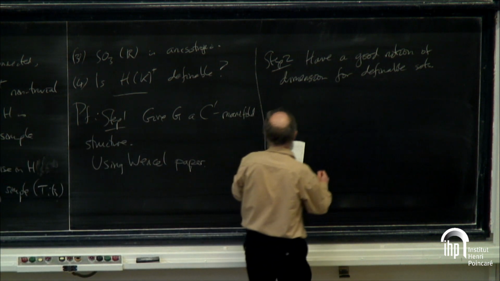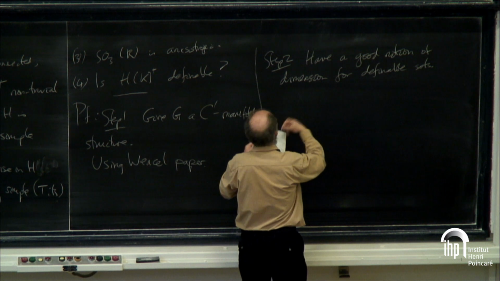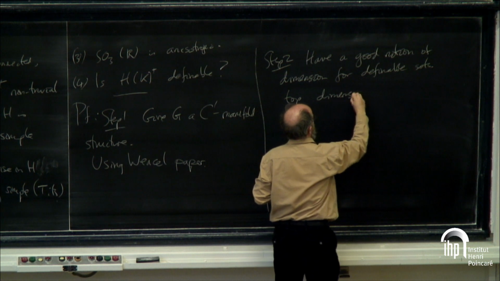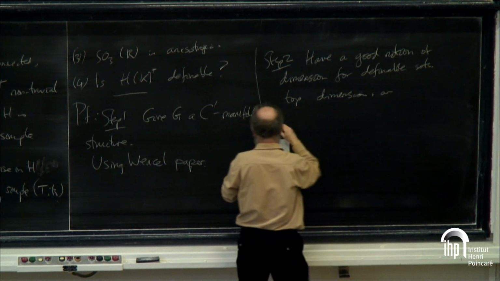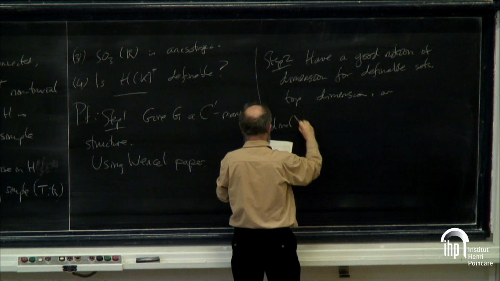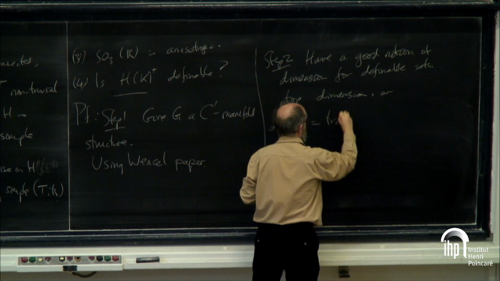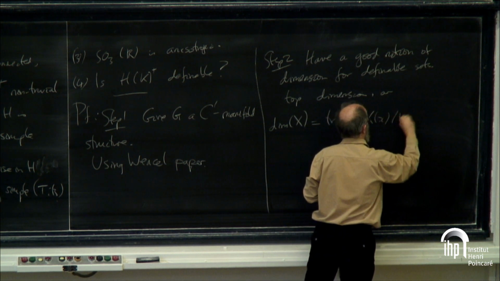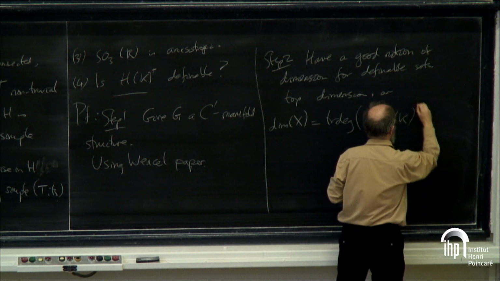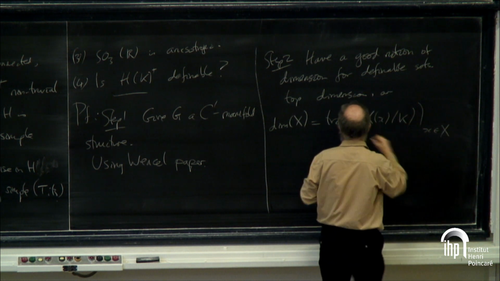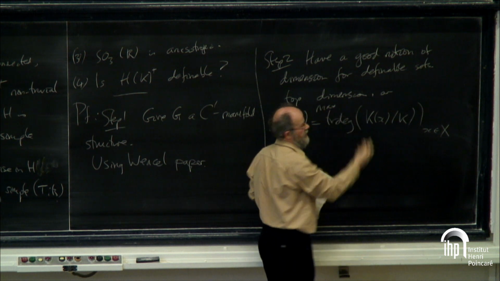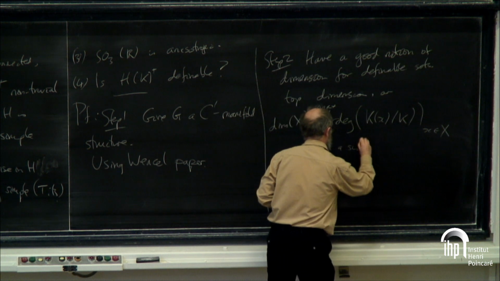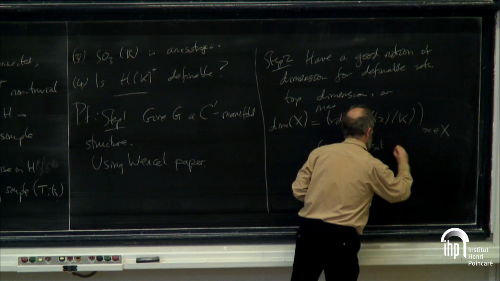So you can take topological dimension, or equivalently, the dimension of a definable set X is just going to be the transcendence degree of, say, k of x over k, for x in X, so maximum transcendence degree, but working in a sufficiently saturated elementary extension.